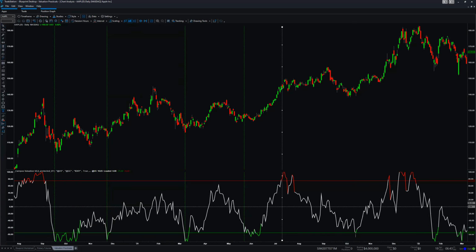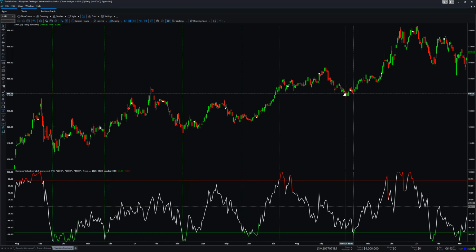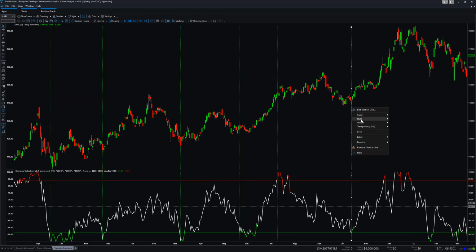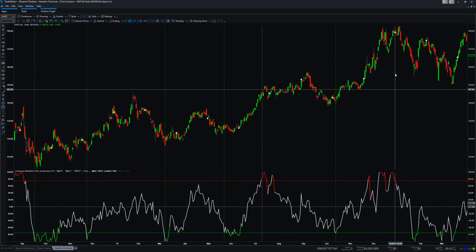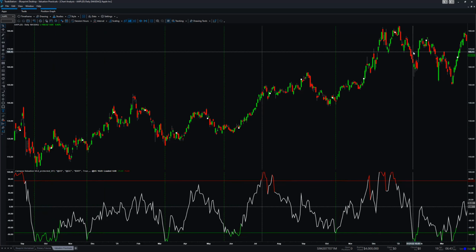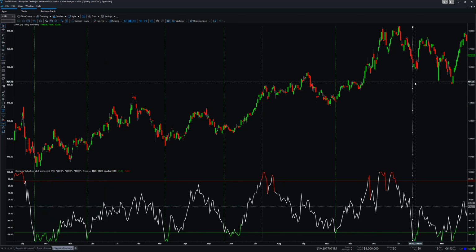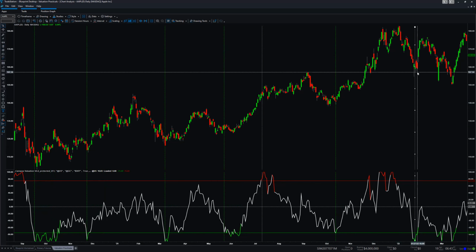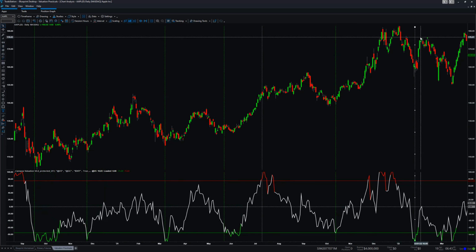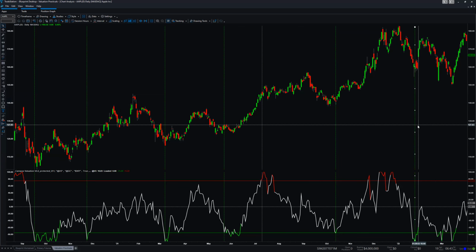Only after some time do we go undervalued again, and again this turns out to be a very nice setup. Then we're overvalued and this doesn't work. Then we're overvalued again, and this works pretty nicely. Then we're undervalued again here, and we get a nice push higher, all the way from 150 back to close to the all-time high. So this is also a pretty nice rally.